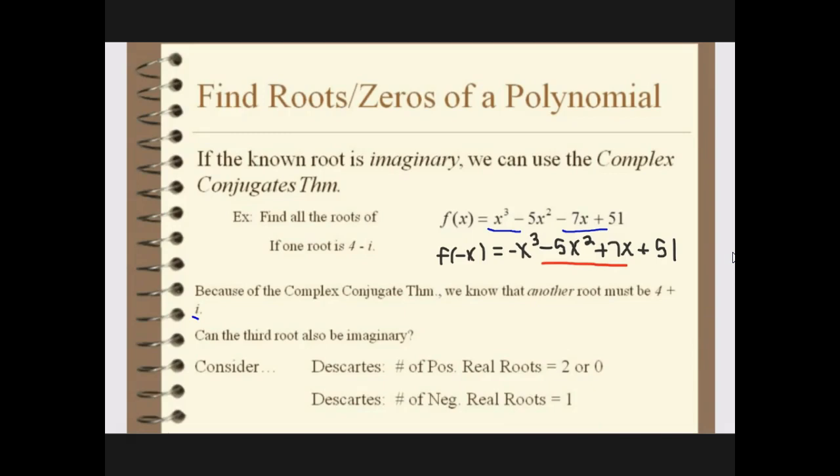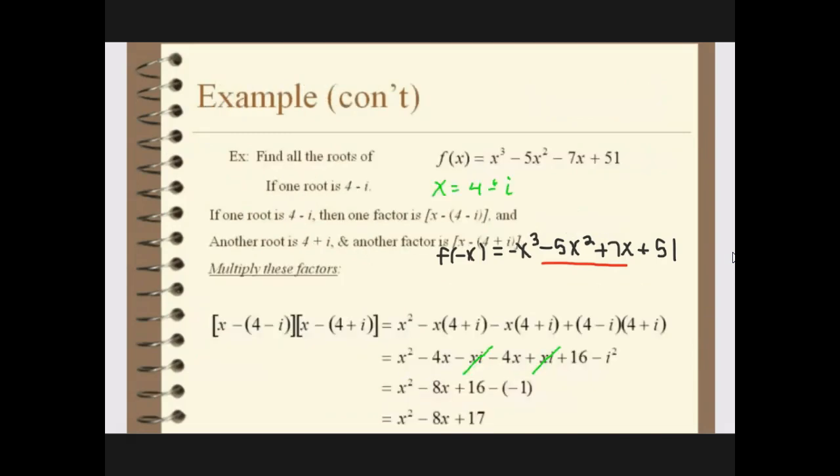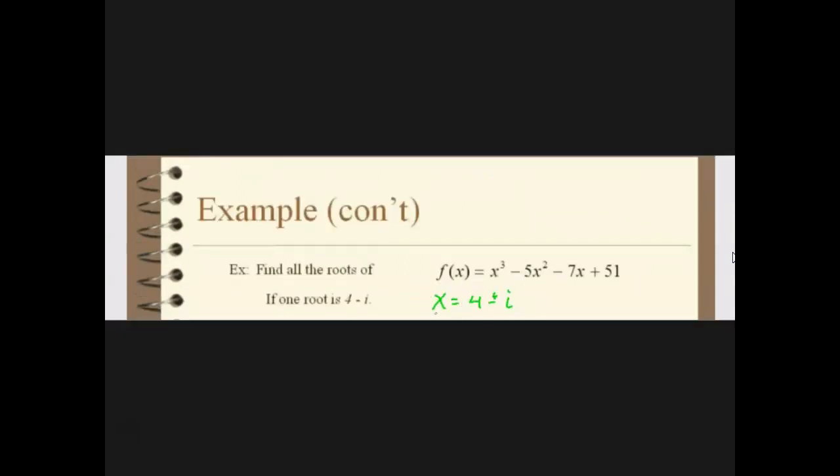So what we could do is the idea of what we did yesterday. We can take our 2 complex conjugates and multiply them together so that we can get a quadratic.